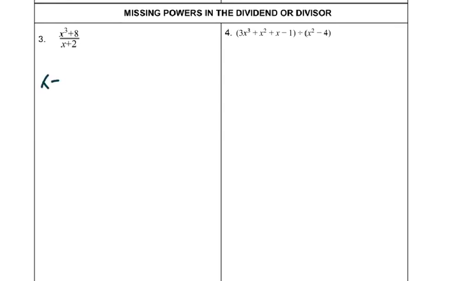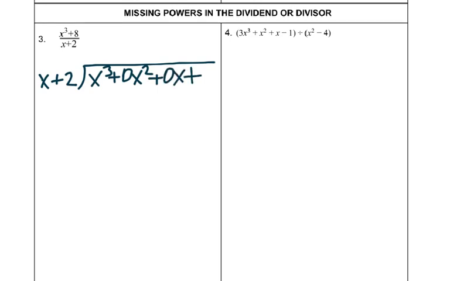So x plus 2 is my divisor. It goes on the outside. Inside I have x to the power of 3. x squared is missing, so I'm going to write 0x squared instead. x is missing, so I'm going to write 0x plus 8. And I'm going to repeat the process.